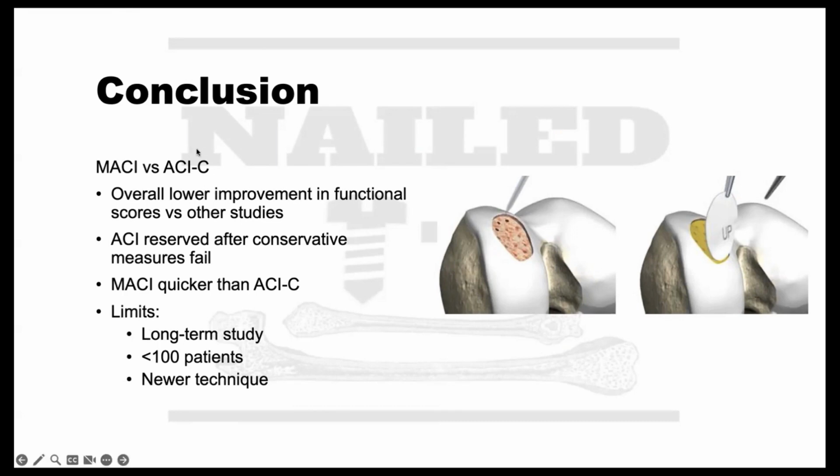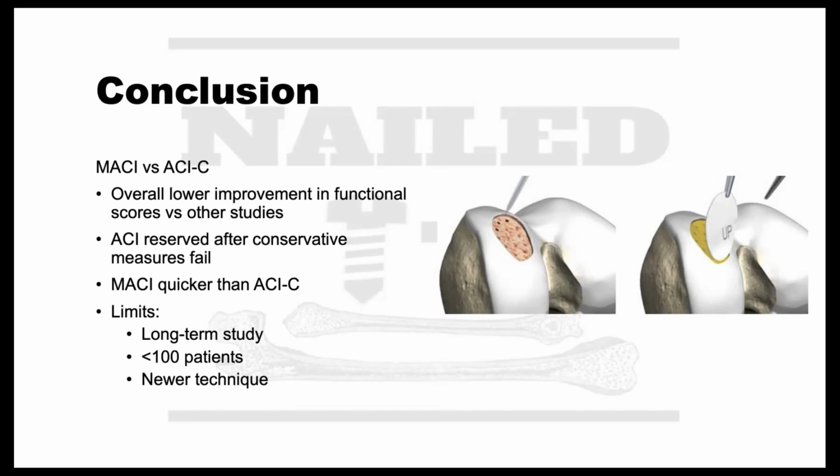Nice. Thanks, Tariq. Ehab, what do you think? Yeah, I'm happy that we had a study that looked at larger lesions. I think it's important. And again, I thought it was interesting that they actually looked at graft histology.